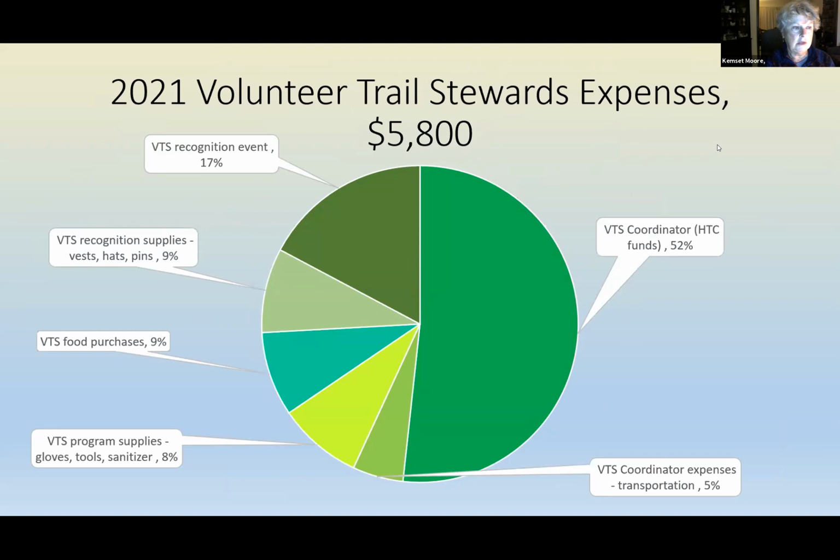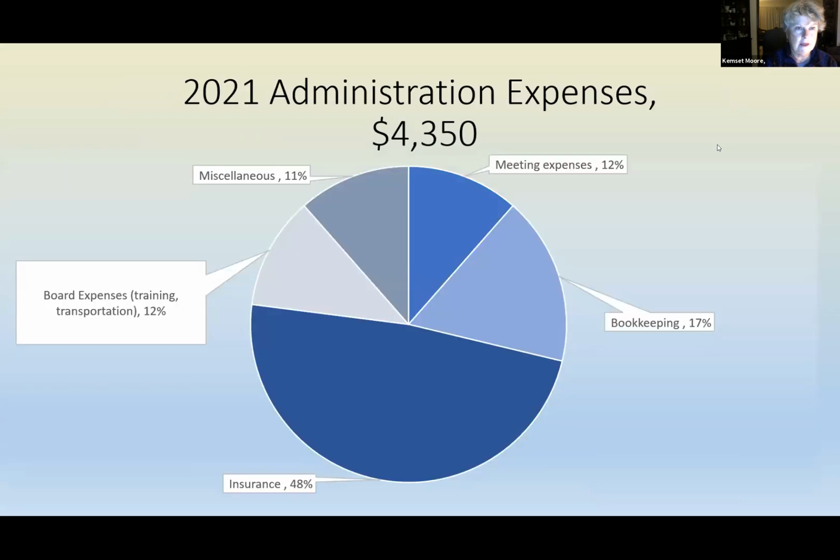And then we also use our funds to support the volunteer trail stewards through purchasing items like shiny little pins or hats, food, COVID supplies, and hopefully in 2021, a volunteer in-person recognition event, which would be really wonderful and appreciated.